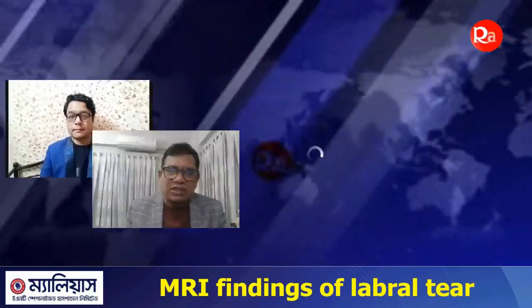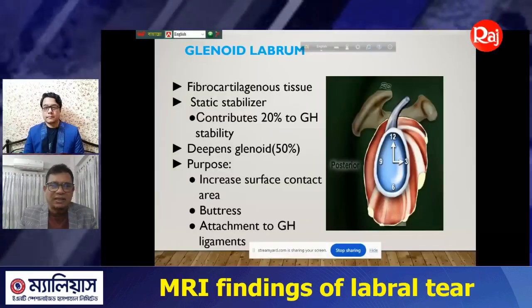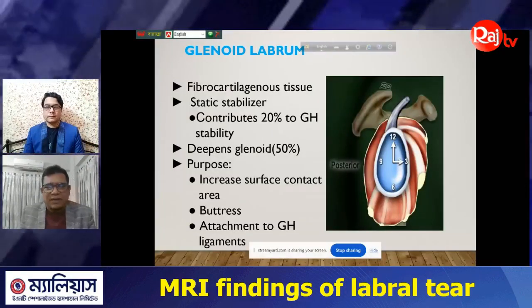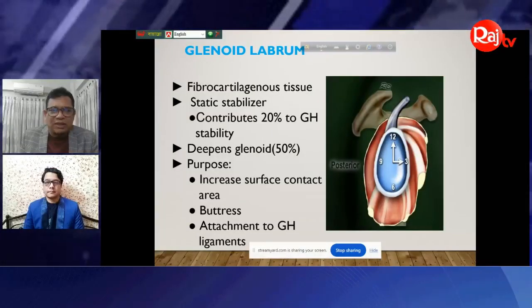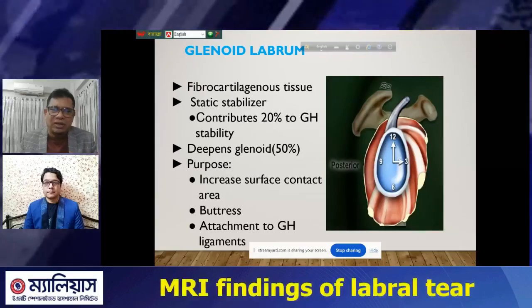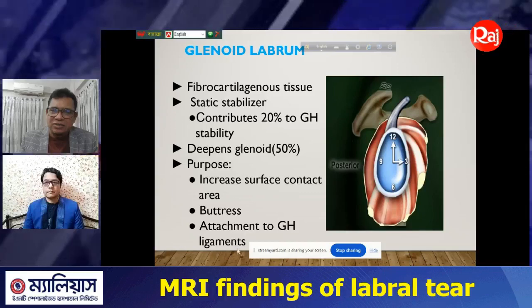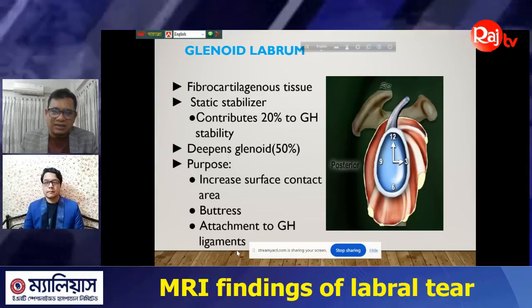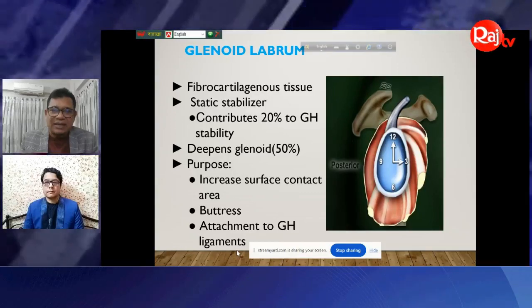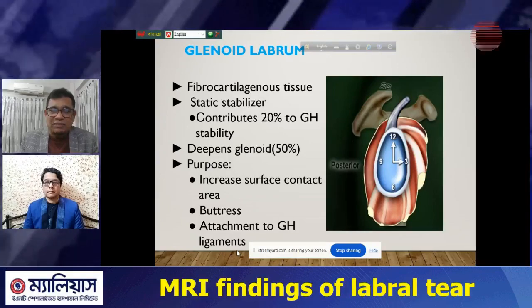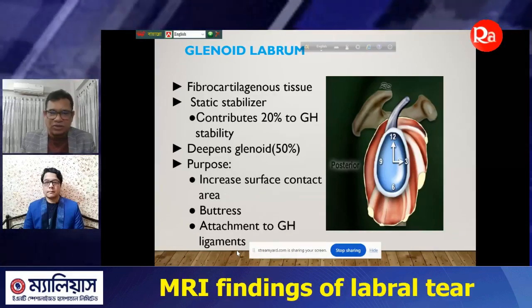We now know the basics of the applied anatomy of the labrum. We have to know that it is a fibrocartilage tissue in structure. It is a static stabilizer and contributes about 20% of the stability of the shoulder joint.